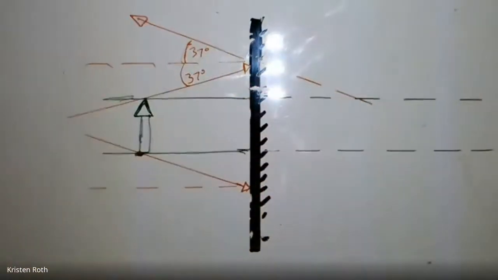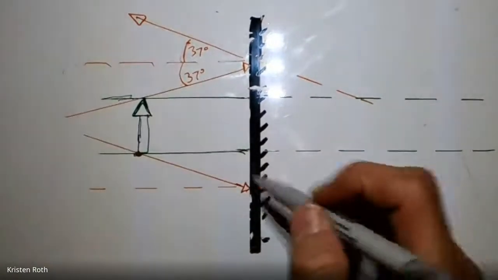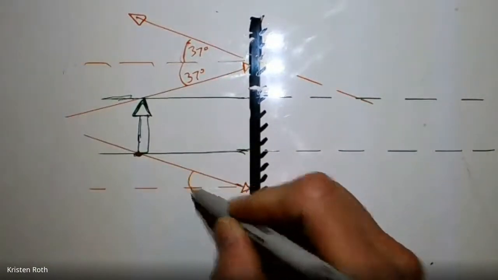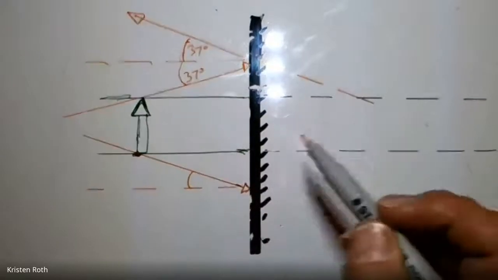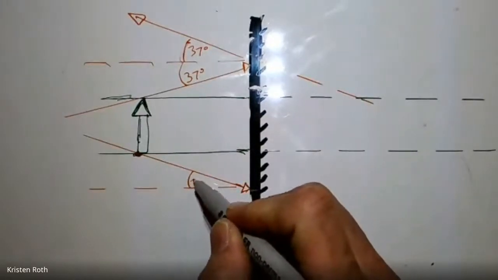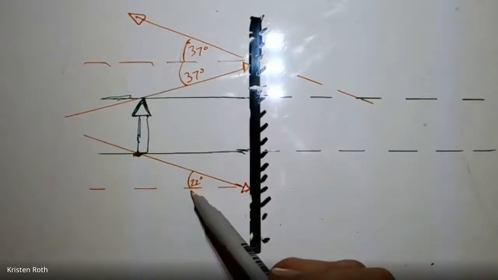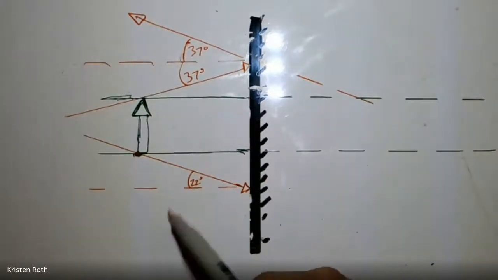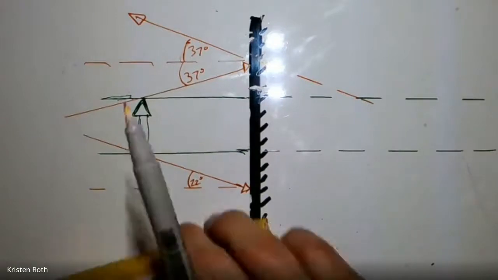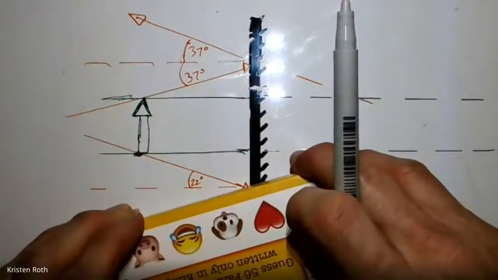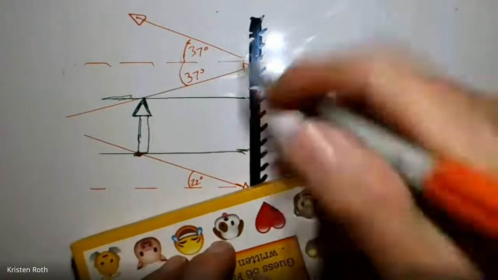Okay. Kind of a little over, but that's okay. You would then use your protractor, if we were in class and you had one, to measure this angle. I say it looks more like 22 degrees. And then we know that the reflected ray will be 22 degrees as well. I say that's about right.